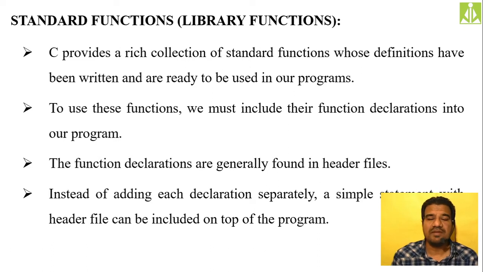If it is a user defined function, we as the user are responsible for the complete functionality. So we have to do the declaration, the definition, and the calling. Among these three, the major part is function definition, where we put the body of the function. In case of user defined functions, we do the major part as well as the minor part.